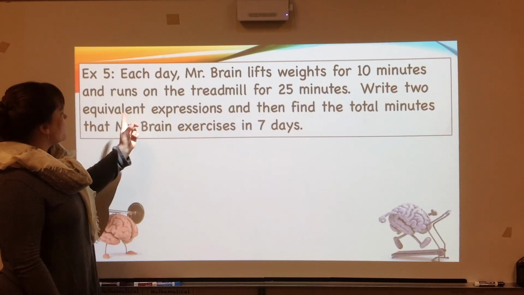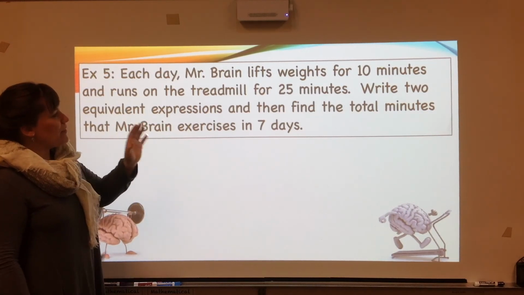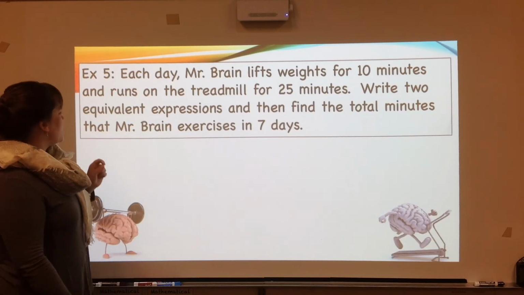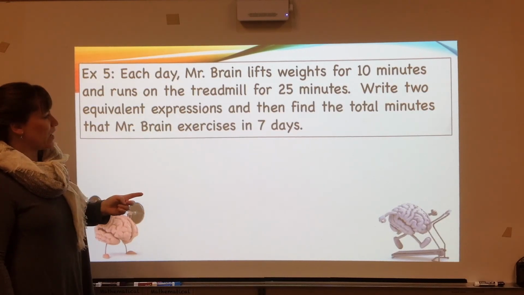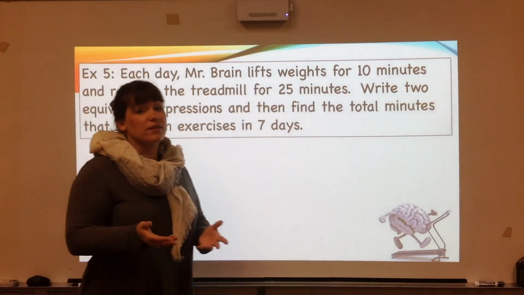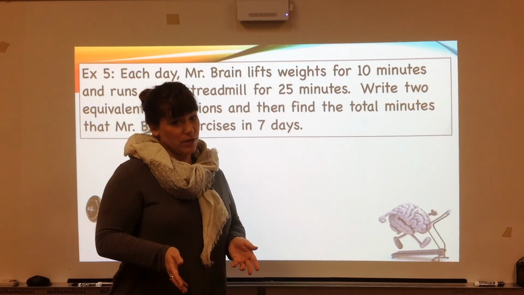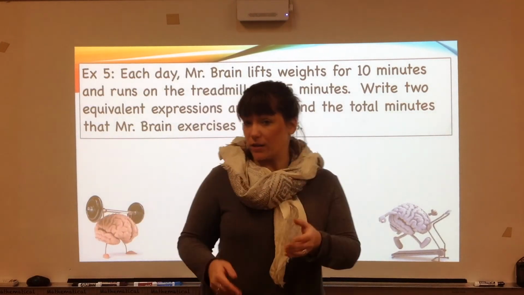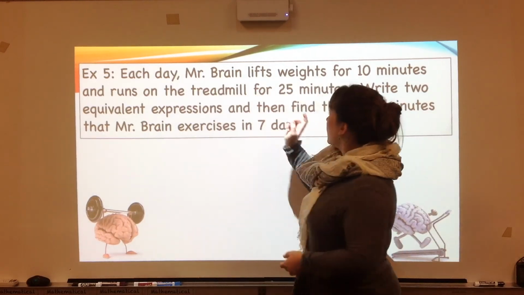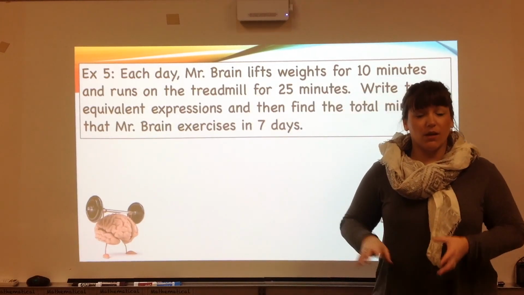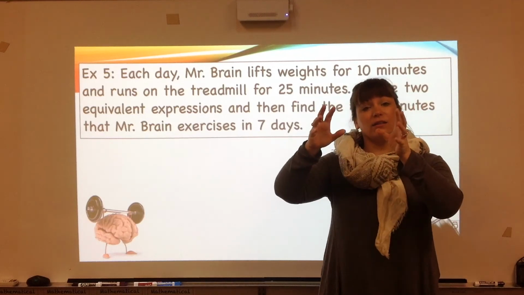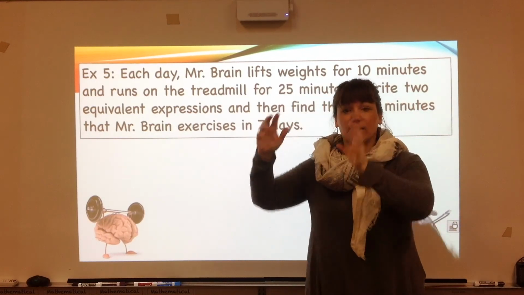Write two equivalent expressions and then find the total minutes that Mr. Brain exercises for the 7 days that he's going to be doing this. So every day he does two things. He lifts weights and he runs. But that is repeated for 7 days.